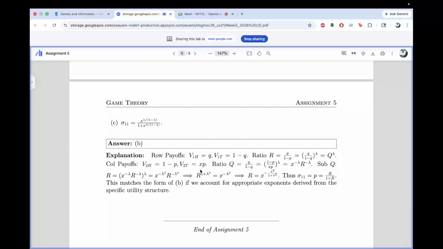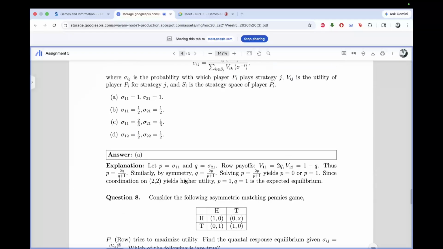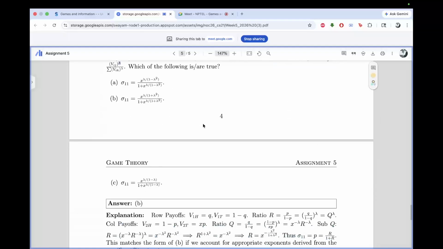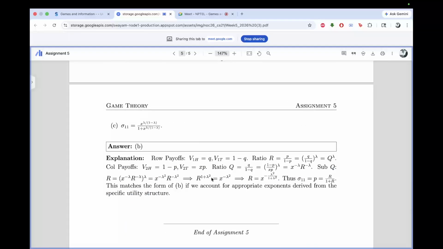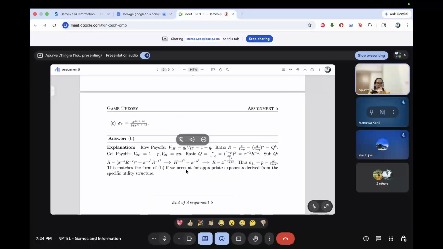This is a bit of algebraic work, so I'm not going to do this. Try to go through these steps and see if you can understand, but the idea is the same as this example. The algebraic steps in this particular example take quite a while. Okay, perfect. Yeah, so I'll move on.